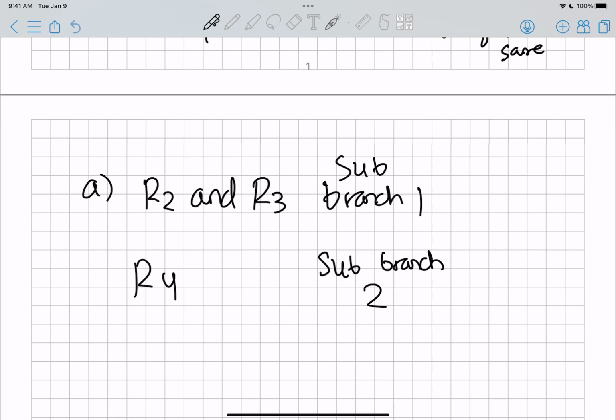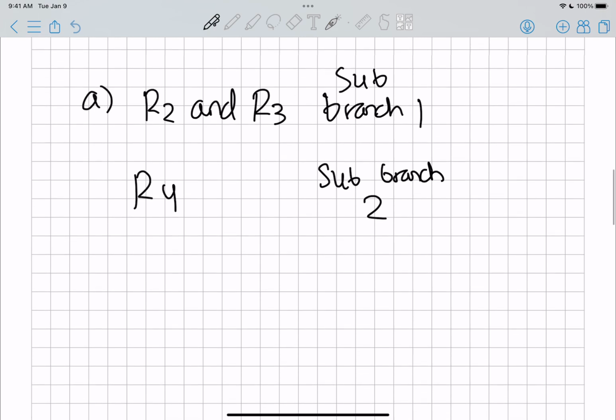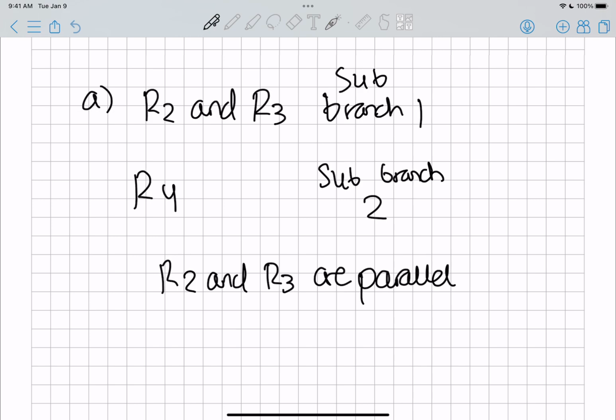I can't just say R2 is parallel with R4 or R3 is parallel with R4. That combined branch between R2 and R3 would be parallel with R4. Excellent.